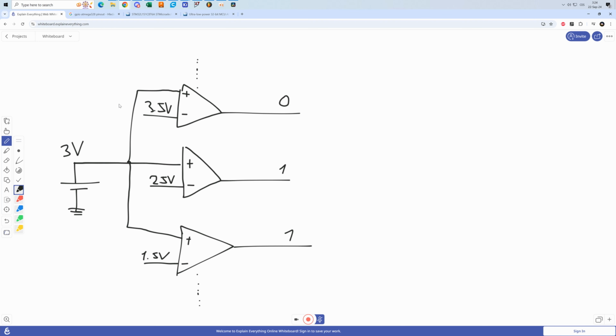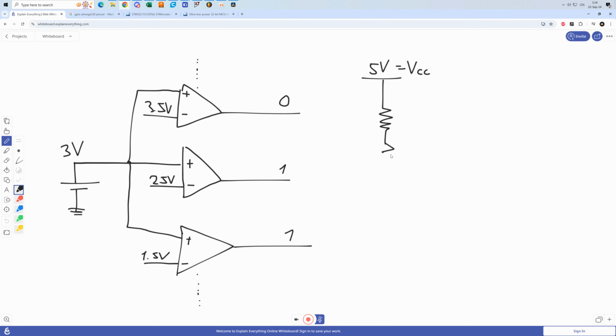And so these voltage references are usually made out of the supply voltage. If we have a supply voltage over here, let's say it's 5 volts, so this is our supply voltage VCC, how do we create 3.5, 2.5, and 1.5 volts? Well, we can do that quite easily.